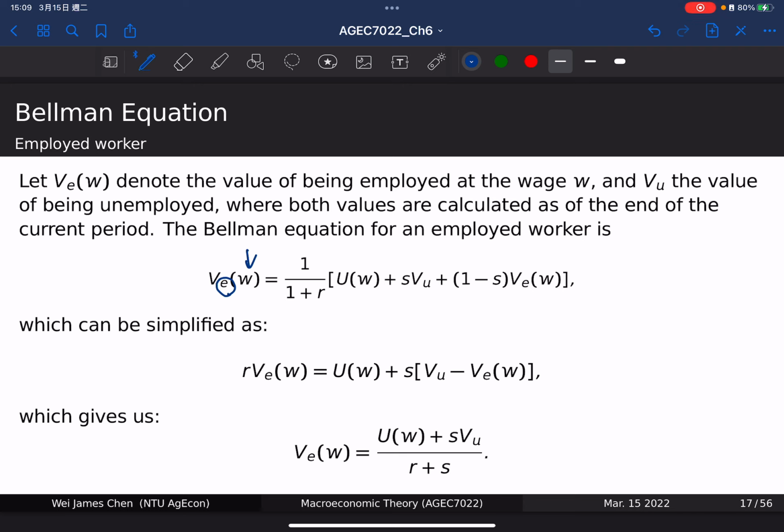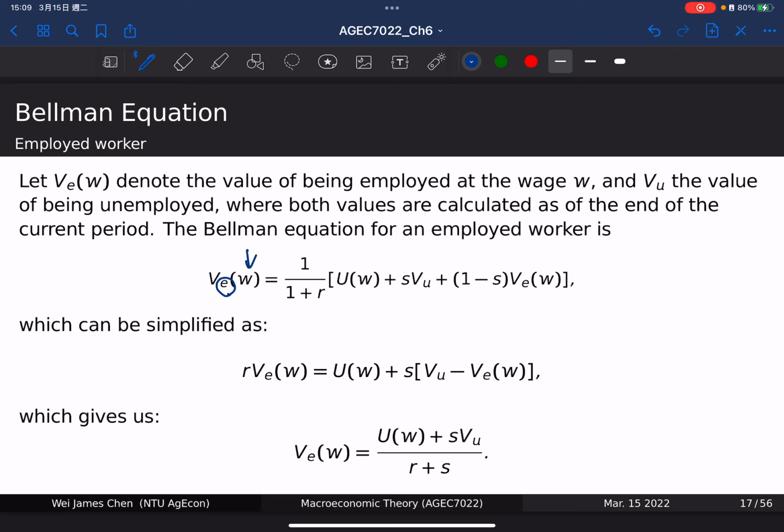When I say value, I mean this person is employed not just for this period but from that period on. He's not always employed, but with probability 1 minus s he will stay employed. So this is infinitely many periods, discounted back. That's the total value for that person. I write V_E(w); it's obviously a function that depends on w, and when w is higher, this value is higher.